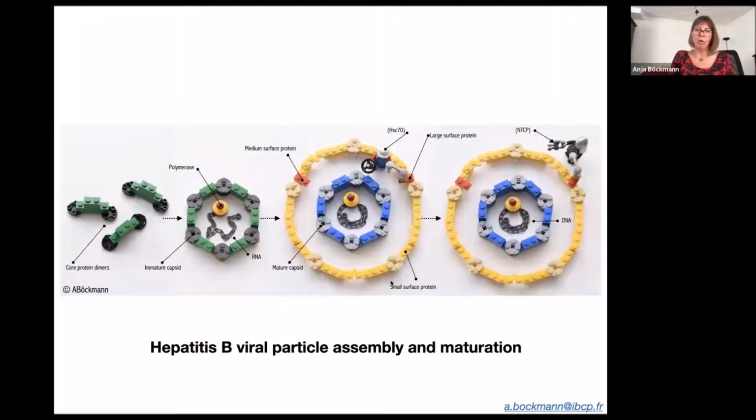You see the small one, the medium one, and the large one in yellow here, with these little extensions for the medium and large one, because they have an N-terminal addition. And they then assemble the particle and also interact with some cellular proteins. You see here a chaperone, which holds this N-terminal to the inside on assembly. And this then goes to the outside somehow, not well understood either, in order to interact with the cellular receptor, which is the NTCP here.